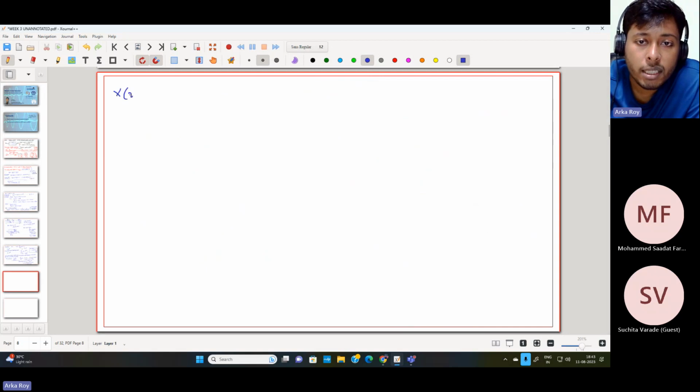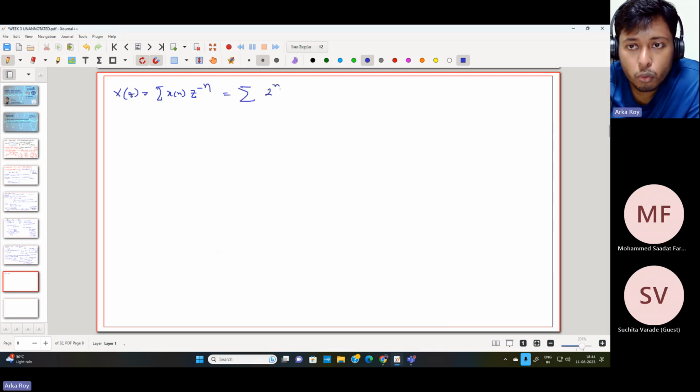X of z is the summation of xn z to the power minus n, and I can write 2 to the power n u[n] z to the power minus n. Okay, and n will vary from 0 to infinity, because we are dealing with a right-sided sequence: 2 to the power n z to the power minus n, from 0 to infinity.